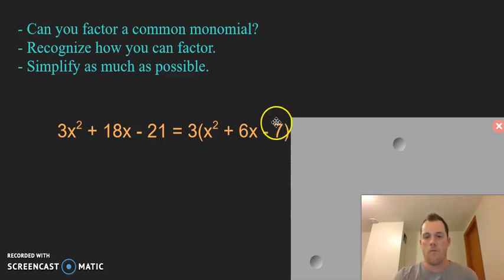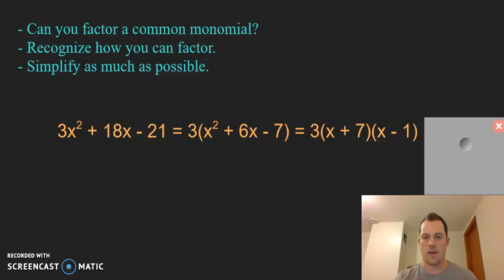I know my factors of 7 are only 1 and 7, but because negative 7 is negative, between the 1 and 7, one of them has to be positive, one negative, and a positive 7 plus negative 1 is a positive 6. So the parentheses there factors to x plus 7 times x minus 1, times that 3 that we pulled out at the beginning.